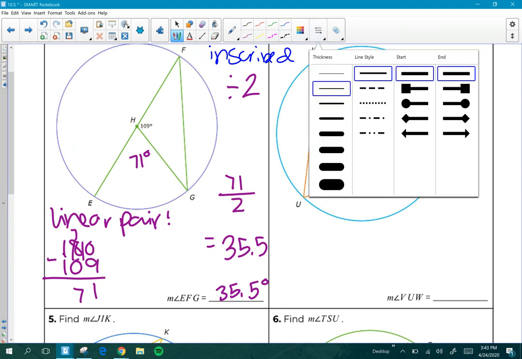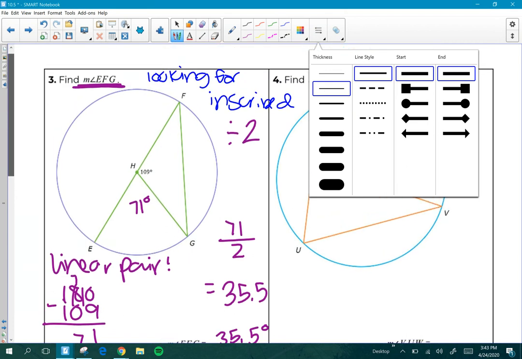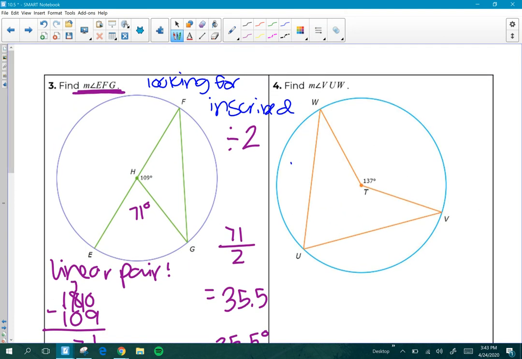If I look at this next example, reading the directions, it says, find the measure of angle VUW. So I want to find the measure of angle VUW, so this guy. Again, I'm looking for the inscribed angle.